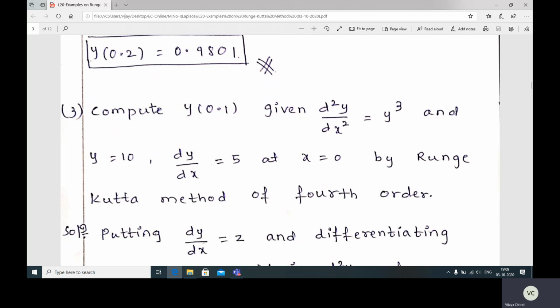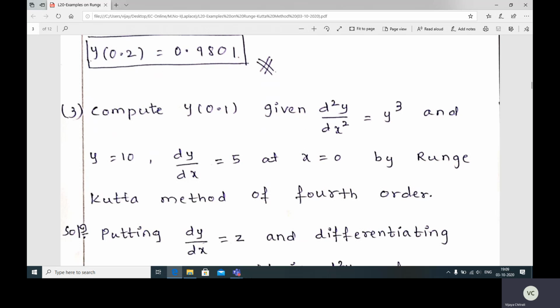L3 is equal to h into g of x naught plus h by 2, y naught plus k2 by 2, z naught plus L2 by 2. And K4 is h into f of x naught plus h, y naught plus k3, z naught plus L3. And L4 is equal to h into g of x naught plus h, y naught plus k3, z naught plus L3. Thus, y of x naught plus h is equal to y naught plus 1 by 6 of k1 plus 2 k2 plus 2 k3 plus k4.